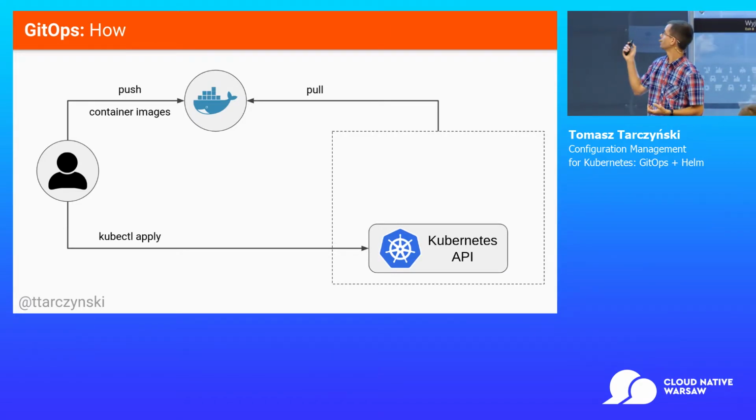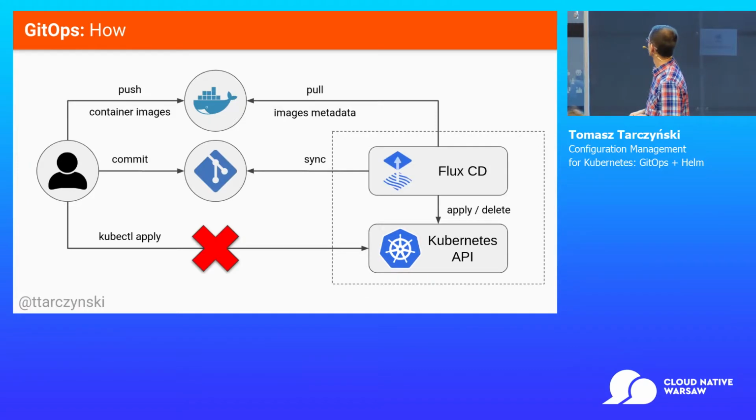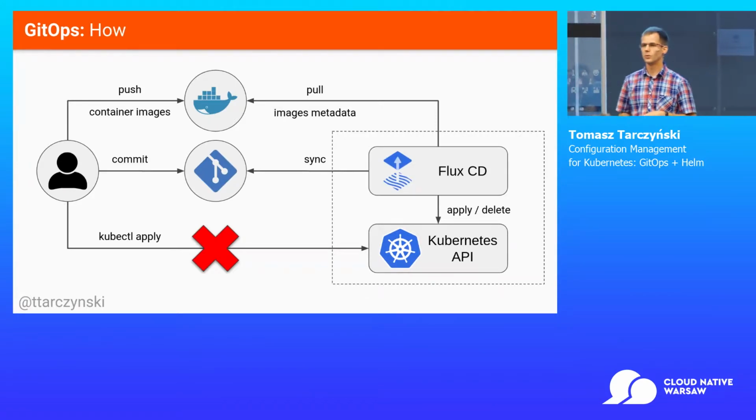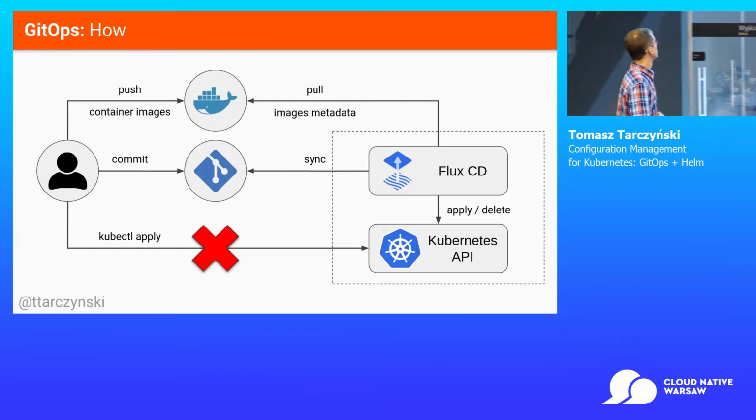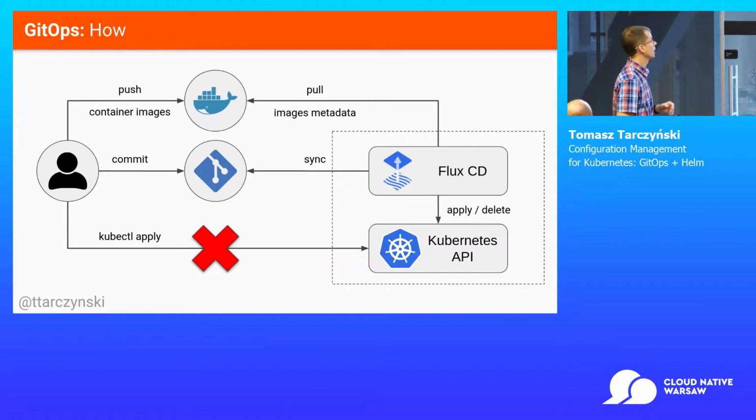So we've got this picture with the operator making kubectl apply. And when we introduce Flux, it would look like this. Basically, I still have to provide the Docker images, but I no longer make any kubectl changes like kubectl apply.